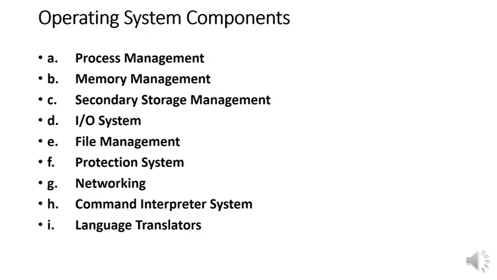Because if this protection system is not available, definitely there will be system breakdown. So it is embedded in the operating system to allow only processes with the correct operating system authorization to access files, to make use of the memory segment, the CPU, and other resources of the system.